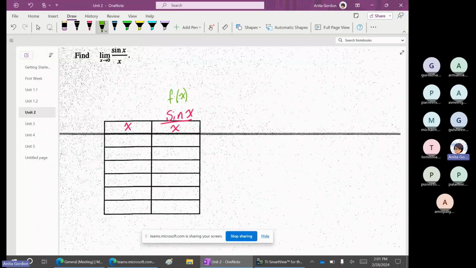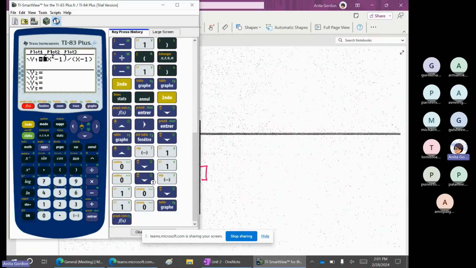So left-hand side, let's say, because this is 0, let's say we're going from -0.1, -0.01, -0.001. From the right, I'm going to actually write this one backwards. +0.1, +0.01, +0.001, and I'm looking for these two to be approaching the same number.